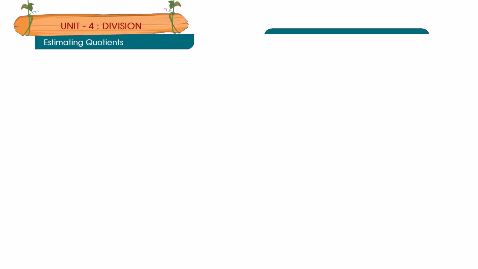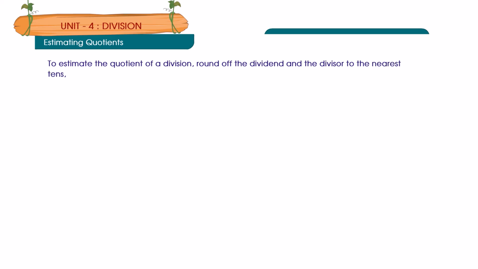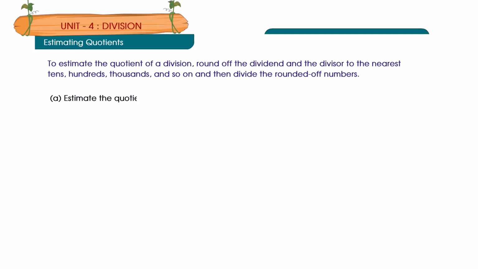Estimating quotients. To estimate the quotient of a division, round off the dividend and the divisor to the nearest tens, hundreds, thousands, and so on. Then divide the rounded off numbers. A. Estimate the quotient of 68 divided by 13.